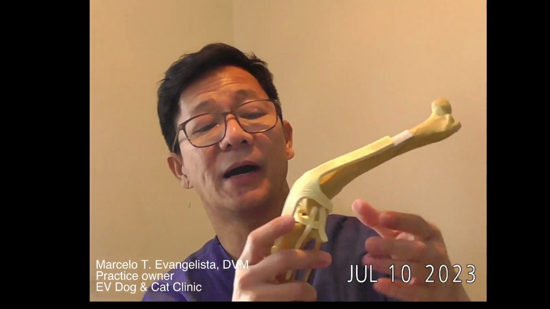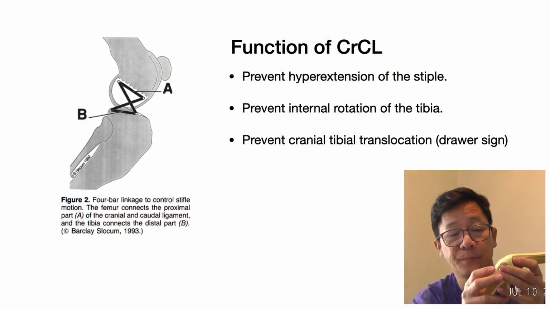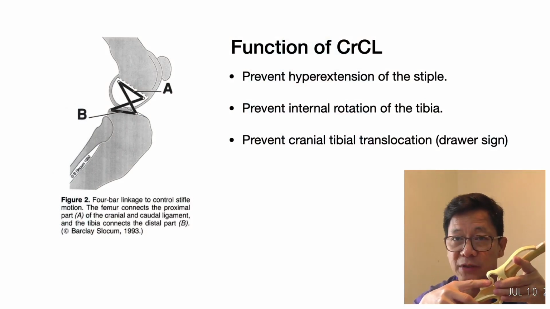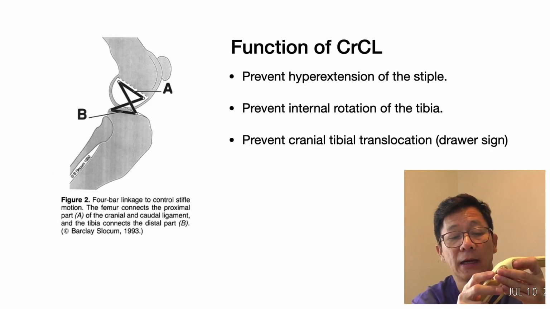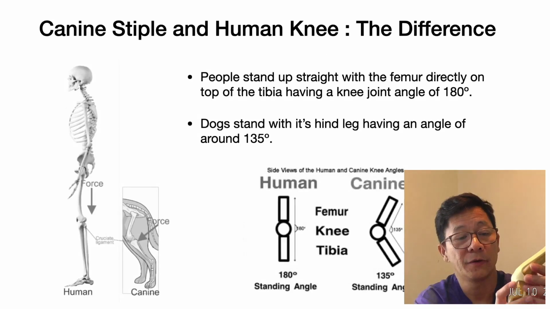So, yun ang mga function na piniprevent ng cranial cruciate. Hyperextension of the knee, internal rotation of the tibia, and the cranial translation or drawer sign of the tibia.